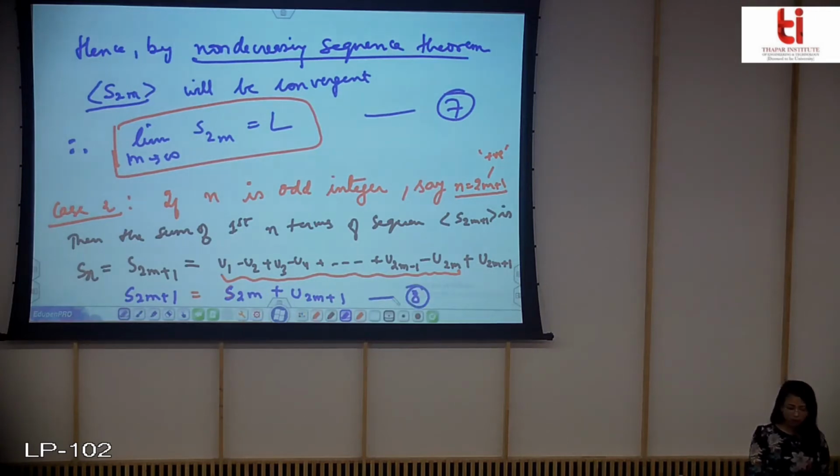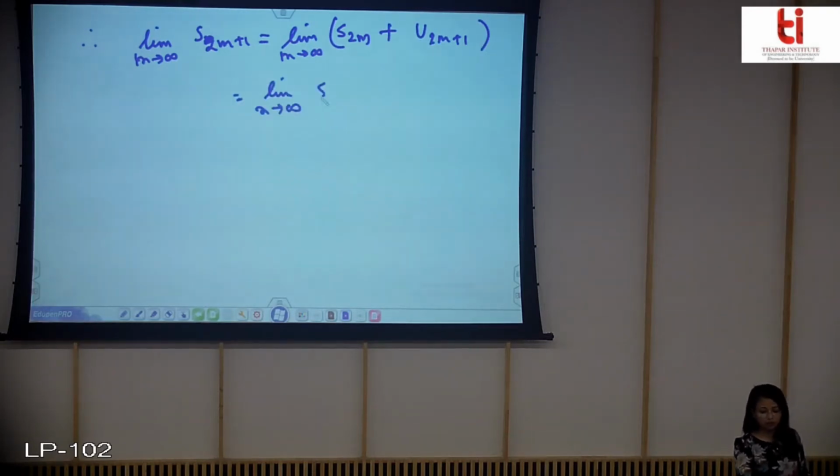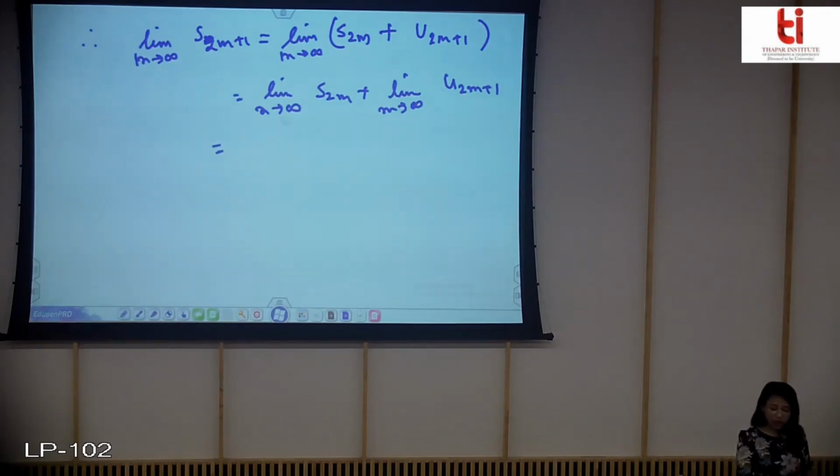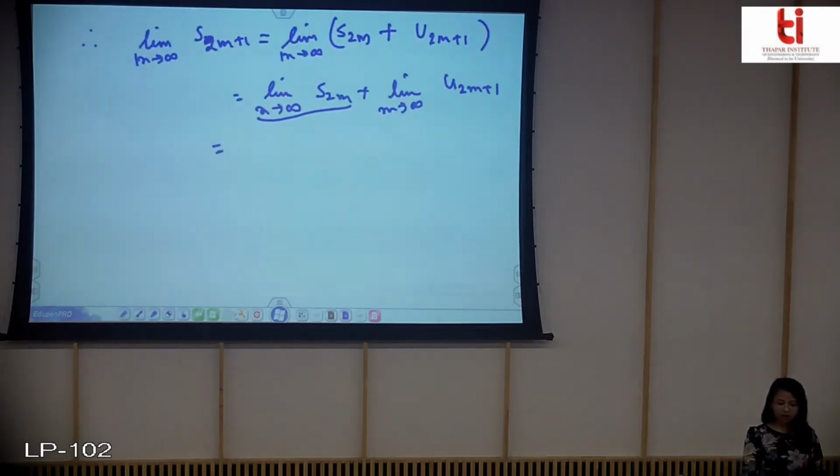Now taking the limit of equation number 8, limit m tending to infinity of S2m plus 1 equals limit m tending to infinity of S2m plus u2m plus 1. Now you have already shown in 7 that this is equal to L.